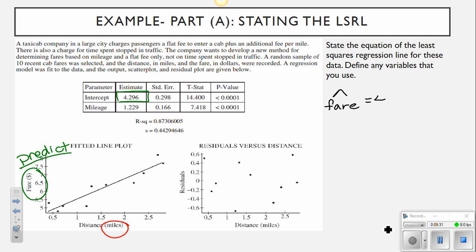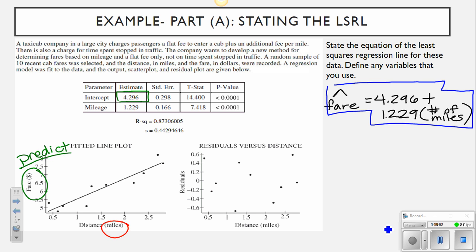So that's 4.296 plus 1.229 times distance, which is the number of miles. All right, can you get that? Nice. You did part A. Congratulations, folks. Good? Next.